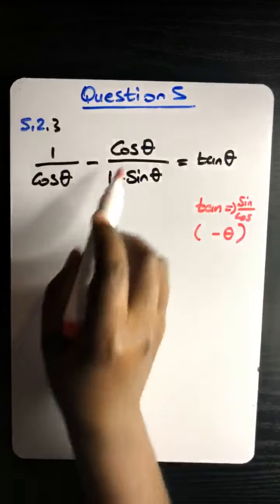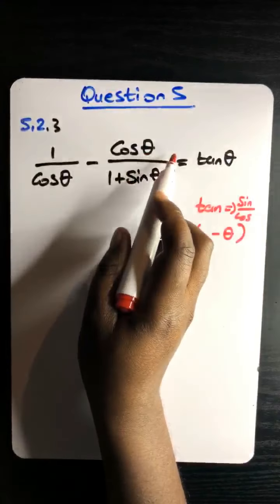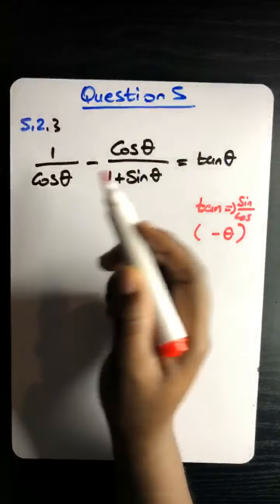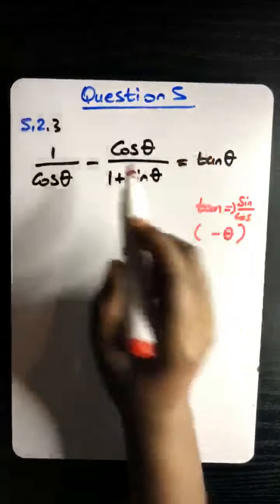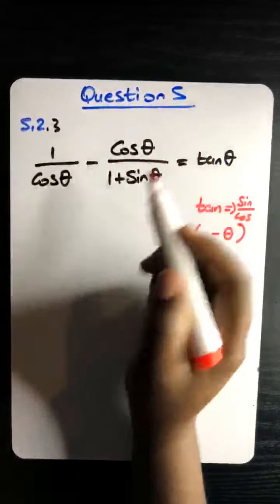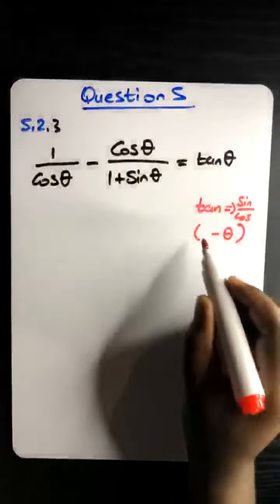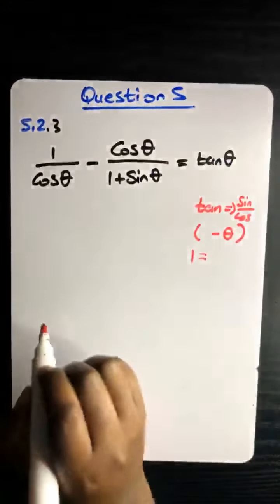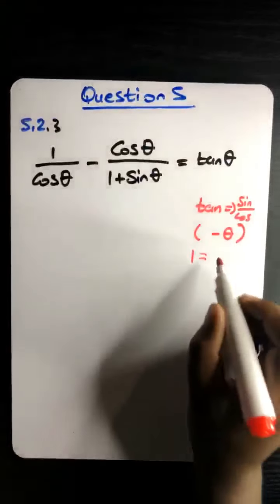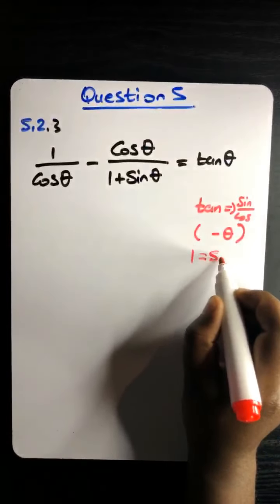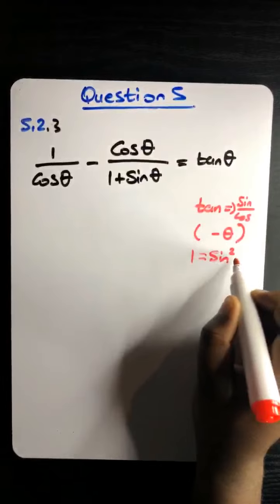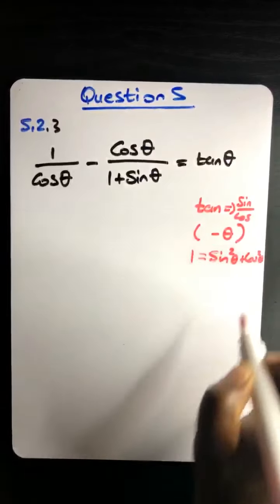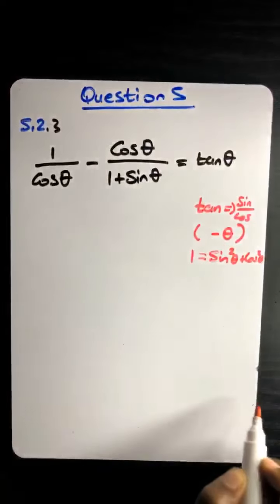For example, if the angle was 180 minus theta, you would reduce it to see in which quadrant it falls, whether that trig ratio is positive or negative, then write it as an acute angle. Also, where you see that 1 exists in the equation, always remember that 1 is actually equal to sine squared angle plus cos squared angle. Remember, a squared over there.